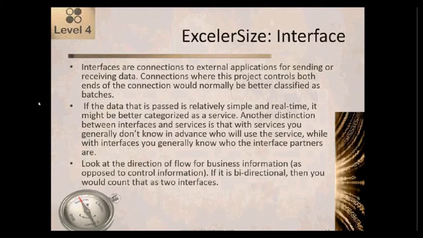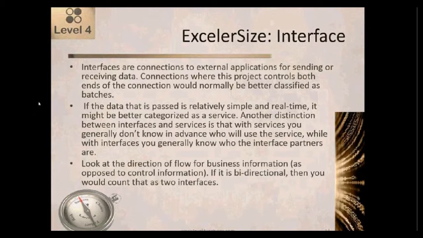If business information is flowing in both directions, then it's a bidirectional interface, and that would count as two interfaces. However, if business information is flowing in only one direction, then it's one interface, even if control information is going both directions.